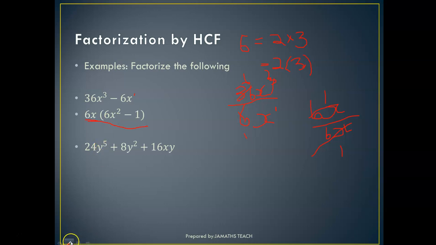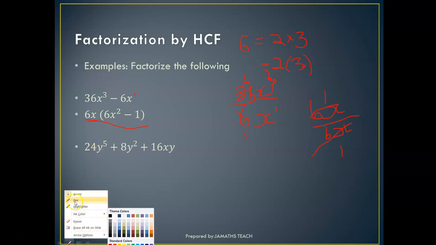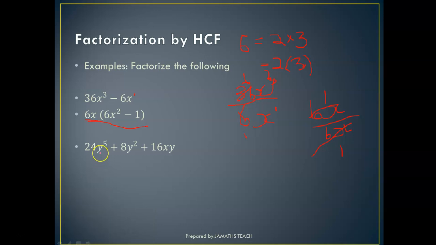Let's look at another example: 24y to the 5th plus 8y squared plus 16xy. What is the common factor for the numbers? 8. What is the common factor for the letters? y. x is not in all of them, so it's just y. So our common factor is 8y.